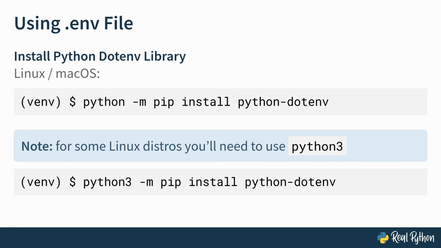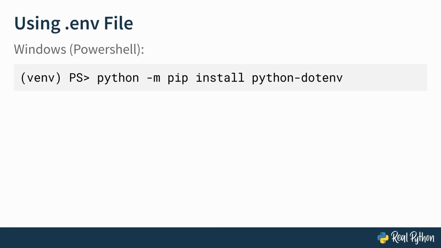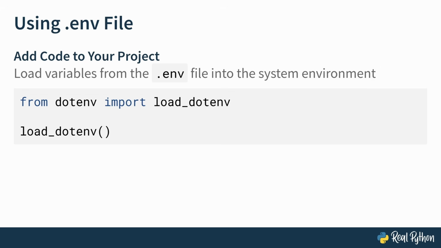On Linux and Mac, it's python -m pip install python-dotenv, or python3 for certain Linux distros. And for Windows PowerShell, it is python -m pip install python-dotenv. Then you need to add code to your project because you need to load the variables from the .env file into the system environment. So you need to add these 2 lines of code.